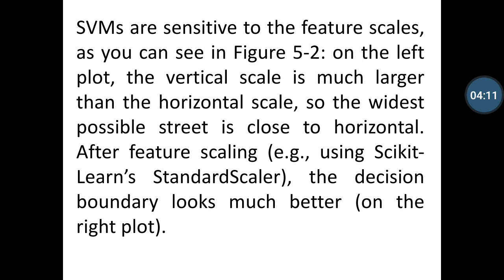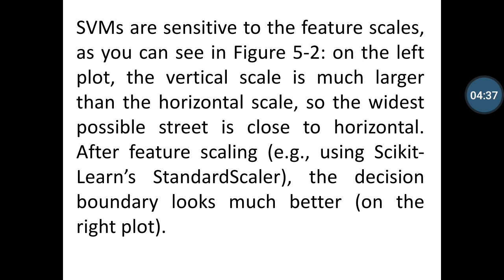Support vector machines are sensitive to feature scales. Features are the attributes that are stored in a database. As you can see in figure 5.2, on the left plot, the vertical scale is much larger than the horizontal scale, so the widest possible street is close to horizontal.